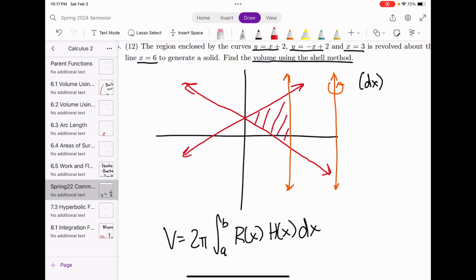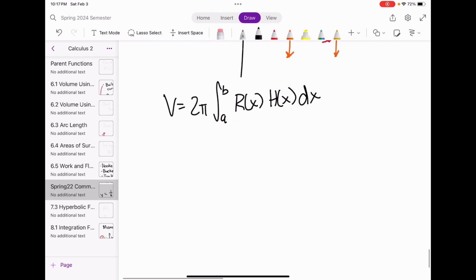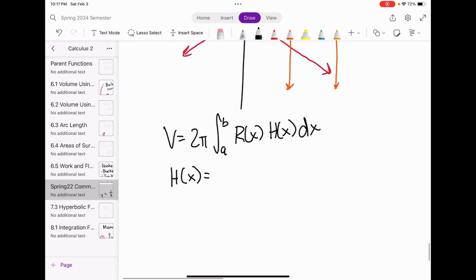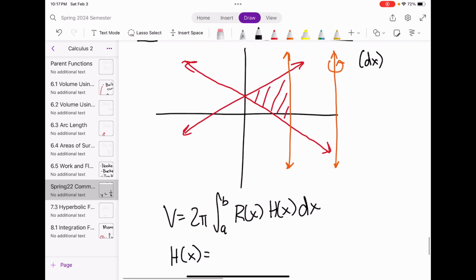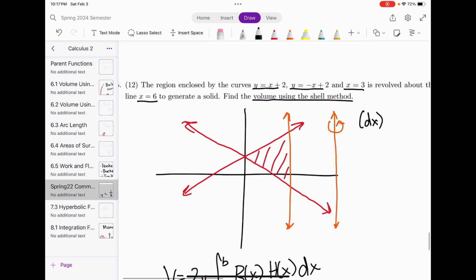This is the region that we want. So let's start defining them. I usually like to start with h of x before r of x, although it really doesn't matter. So h of x is always going to be parallel to the axis of rotation. This right here is the axis of rotation.